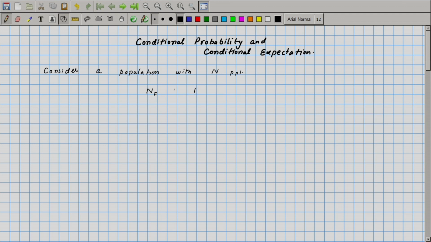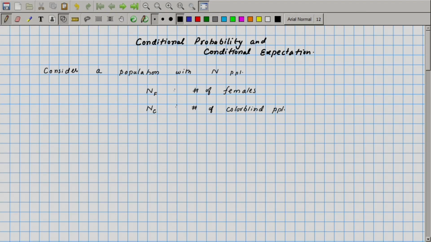This is the number of women, and let us say n_c is the number of color blind people. Okay. So, we have two events, females and color blind people.